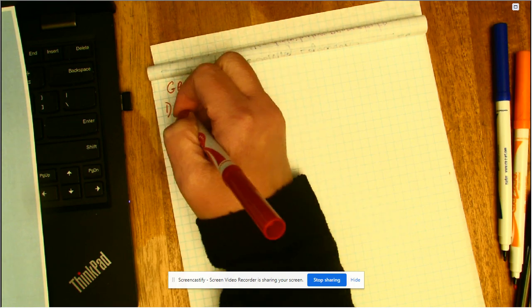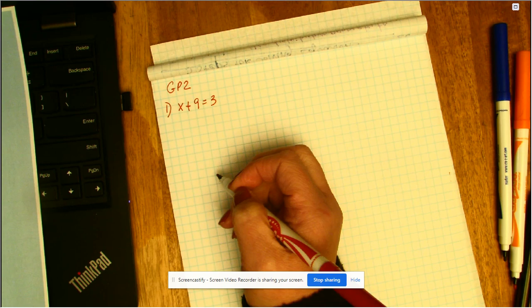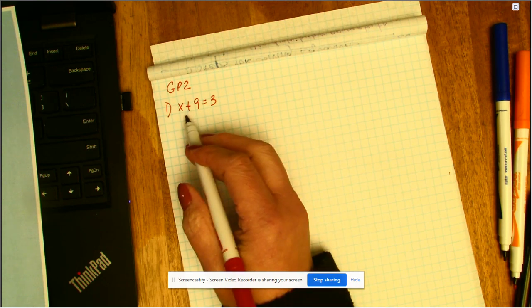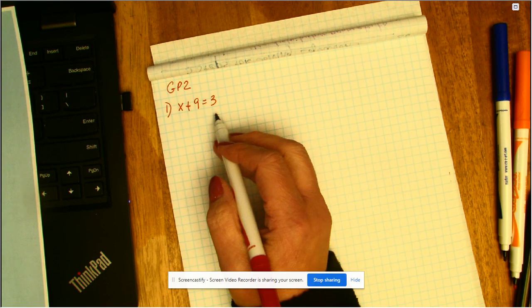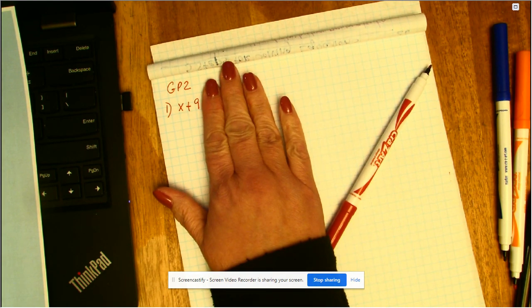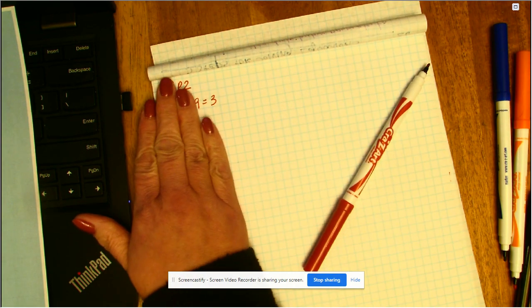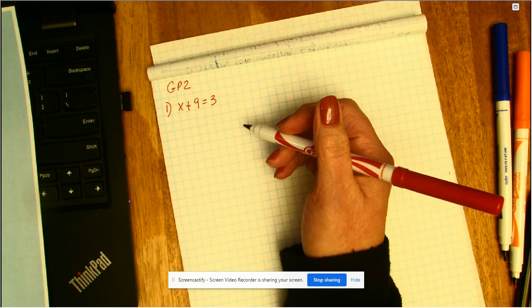If we have x plus 9 equals 3, we can see we don't have any distributive property. There's no grouping symbols. We don't have any combining like terms because we don't have two of the same type of term on either side of the equal sign. We do have some inverse operations.